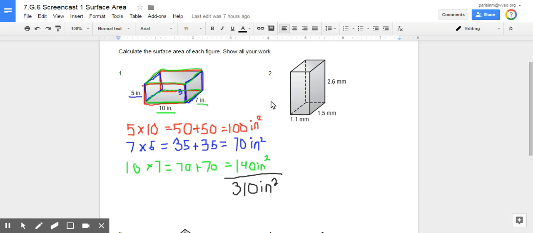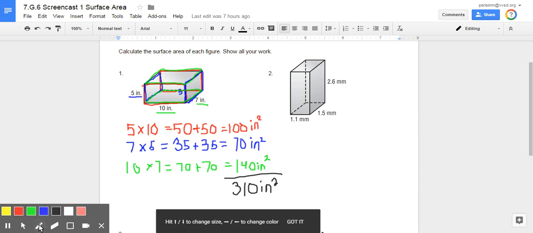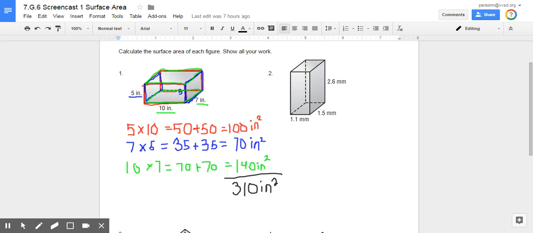Okay, next one. We have question number 2. We have another rectangular prism. Again, I'm going to use my color red, and let's highlight the front of the box. Doesn't matter where you start, but let's start at the front.